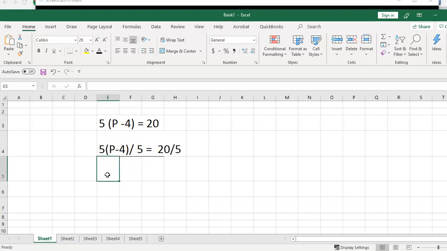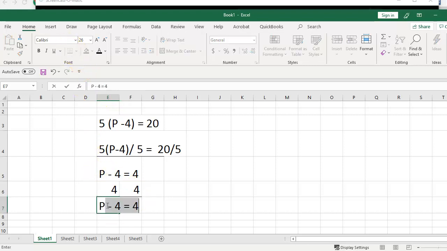And that would just leave me with p minus 4 equals 20 divided by 5, which is 4. Okay? And now I want to get p by itself, so I'm going to add 4 to both sides of the equation. And when I do that, the two 4s cancel out, and now I have p equals 8.